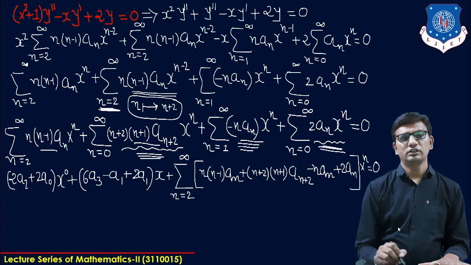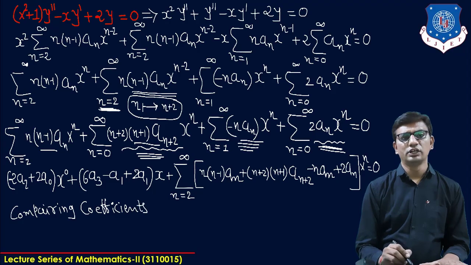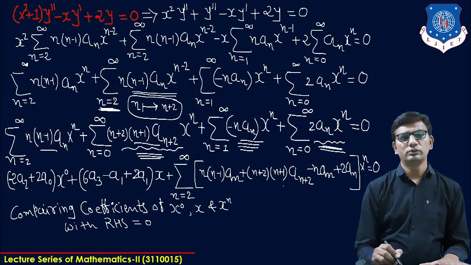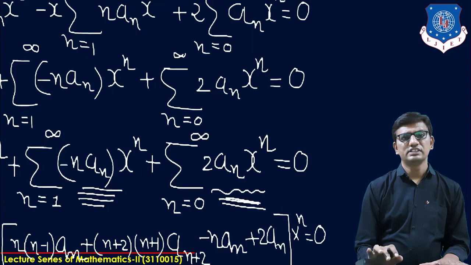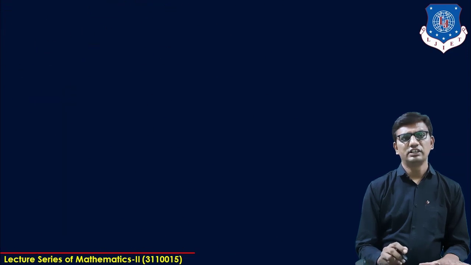So that is the final summation form of our differential equation. Comparing coefficients of x^0, x and x^n on both sides, with the RHS equal to 0, we can find the recurrence relation from this step. Now we will see how to find the recurrence relation.